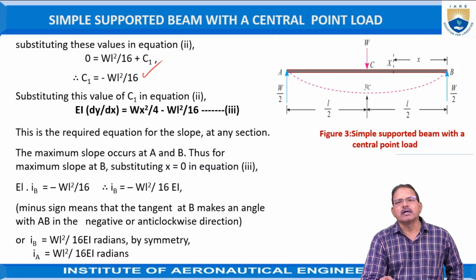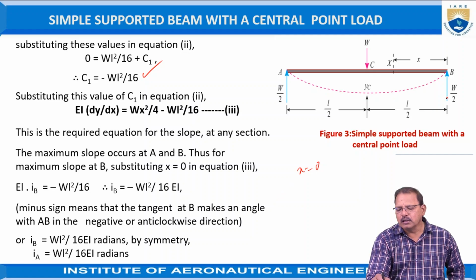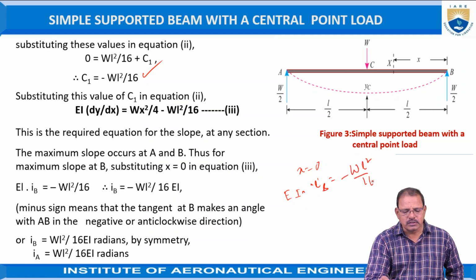The maximum slope occurs at A and B. Thus, x is equal to 0 position now in the equation. Hence, at B, if it is represented EI into dy by dx, which is equal to θB, it can be written as minus of WL square divided by 16 now.